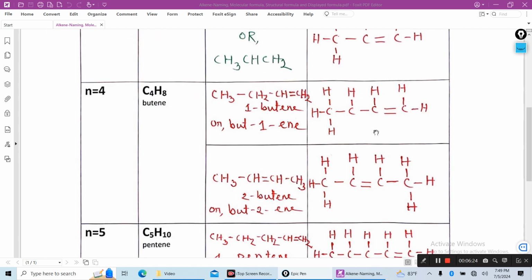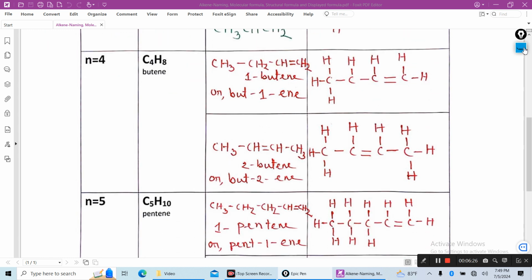Now as you know the alkene general formula CnH2n, that means the hydrogen number will be twice the number of carbon. If you put n equal 4, C4, 2 times 4 is 8, C4H8.